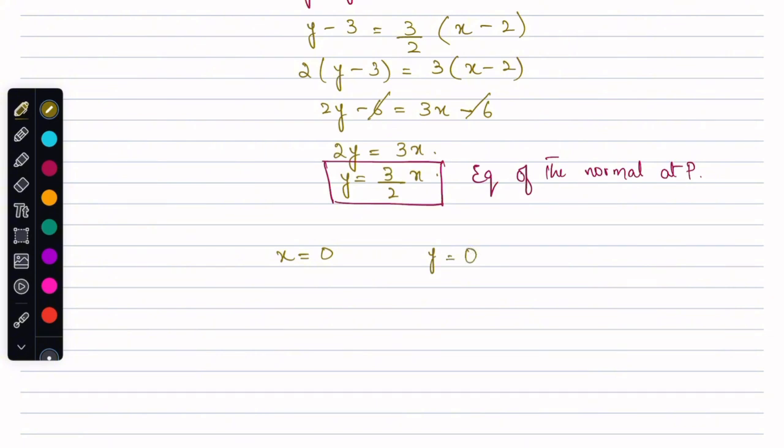So I can see in the equation that if my x becomes 0, the y also becomes 0. Therefore, I can simply say, the normal at P passes through the origin.